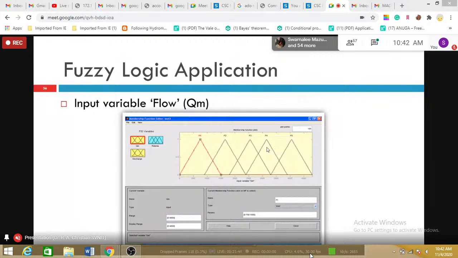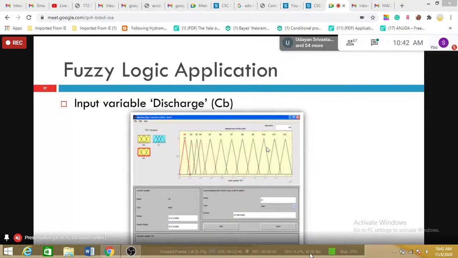Okay. Then I had discharge. I divided that discharge value, which I showed to you earlier, 0 to 21,000 becquerels per liter, into 12 sets. You can see I have divided these sets in such a way that some of these sets are nearer to each other, and some of these sets are equally spaced on the other values here.